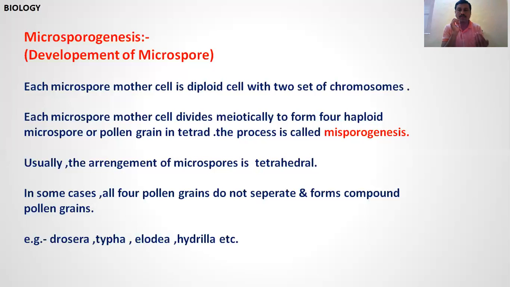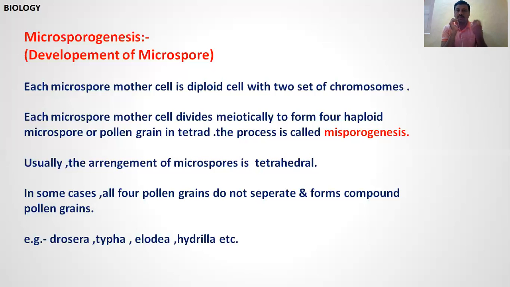Examples are Drosera, Typha, Elodea and Hydrilla. These plants develop pollen grains as compound pollen grains.